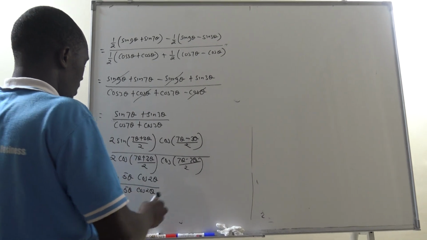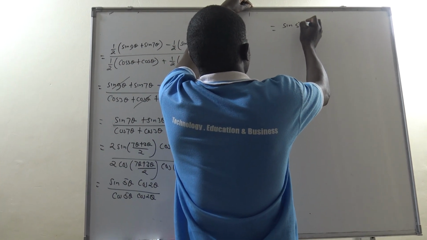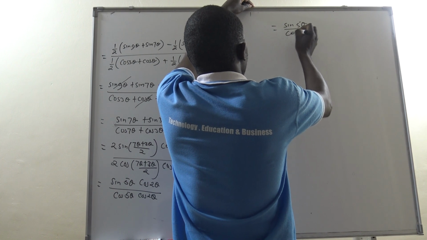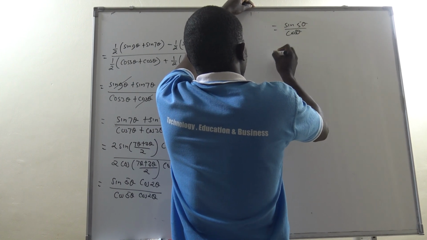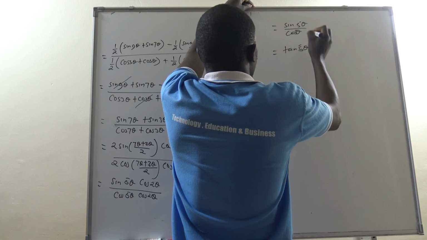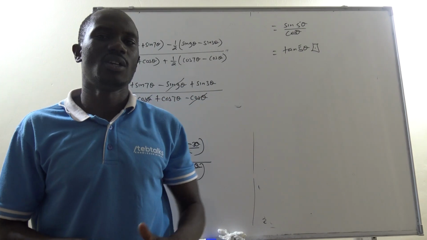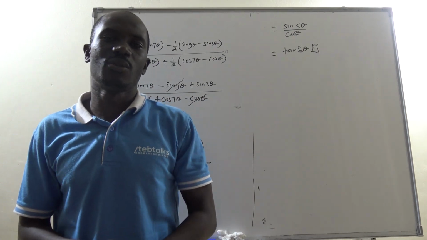So cos 2 theta goes, we remain with sine 5 theta over cos 5 theta, which is automatically giving us tan 5 theta as required. That's how we can use factor formula to prove other trigonometric ratios.